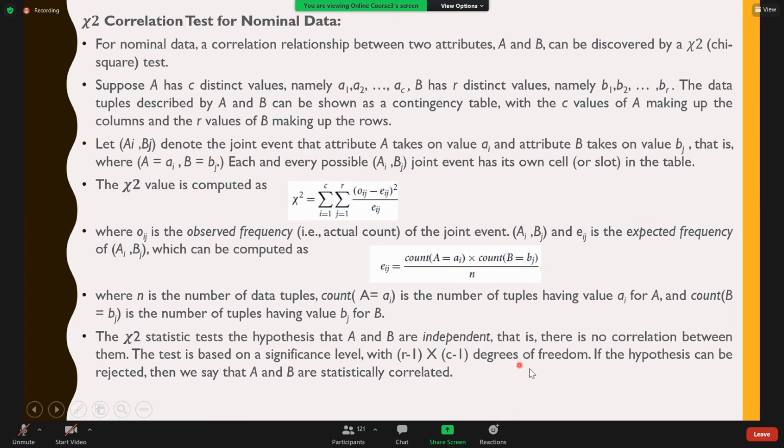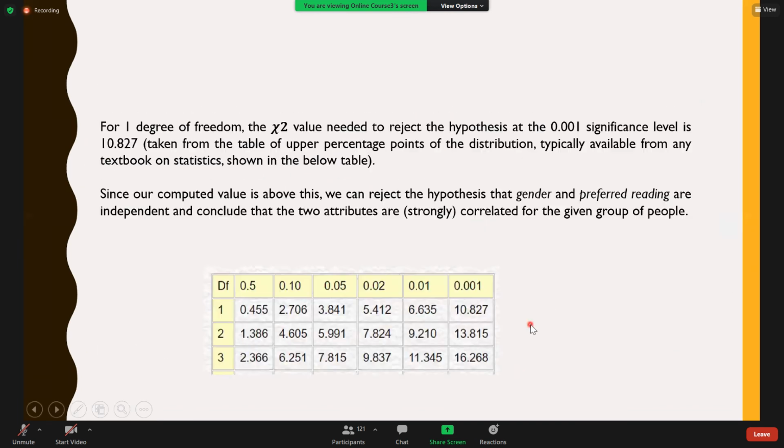Degree of freedom here refers to (R minus 1) into (C minus 1). What is R here? 2. What is C here? 2. So (2 minus 1) into (2 minus 1) gives you the degree of freedom. And coming to significance level, this is a table retrieved from a statistics textbook. These are the predefined values.